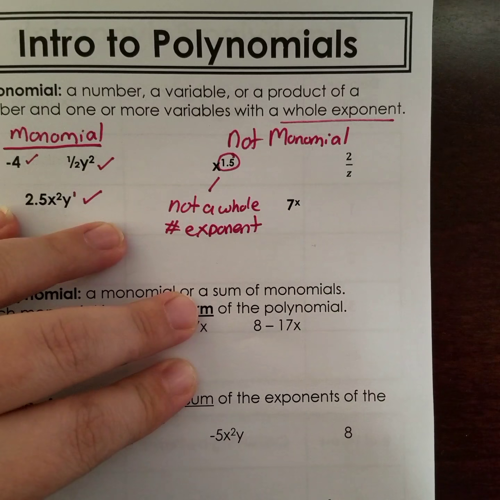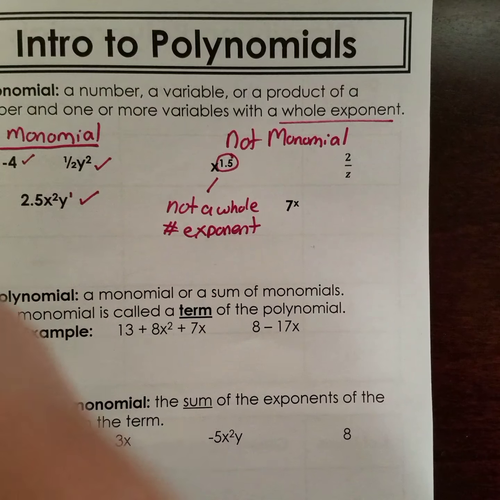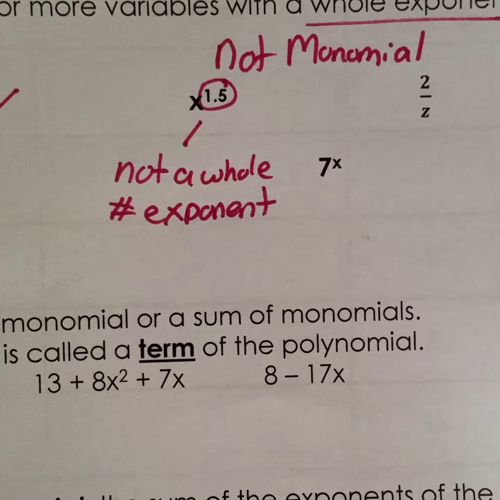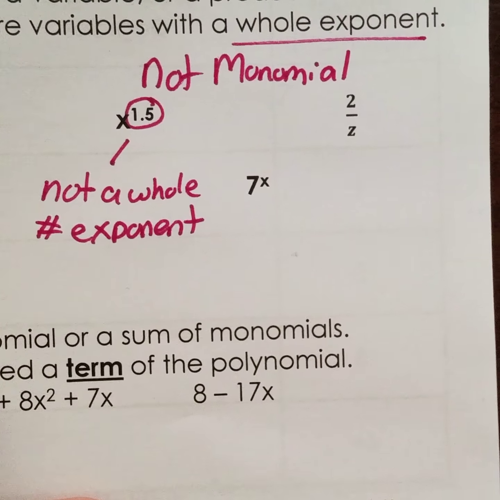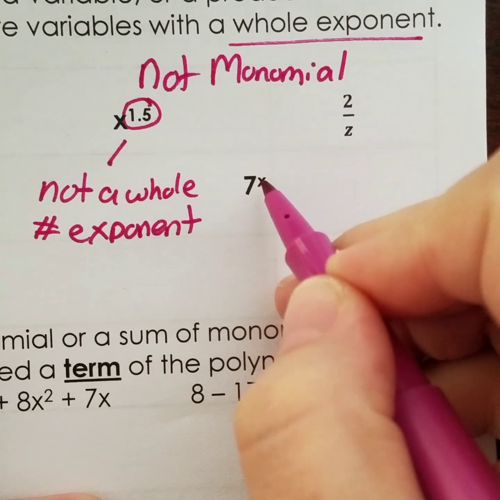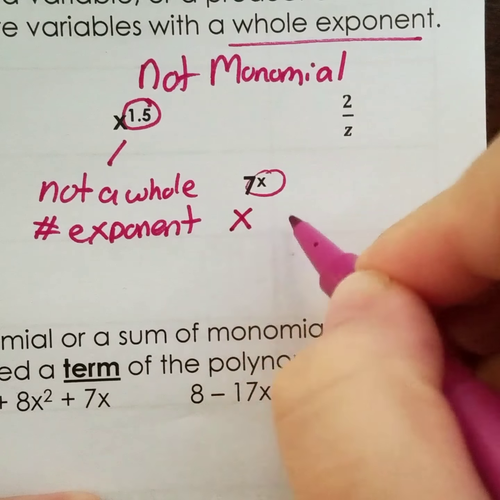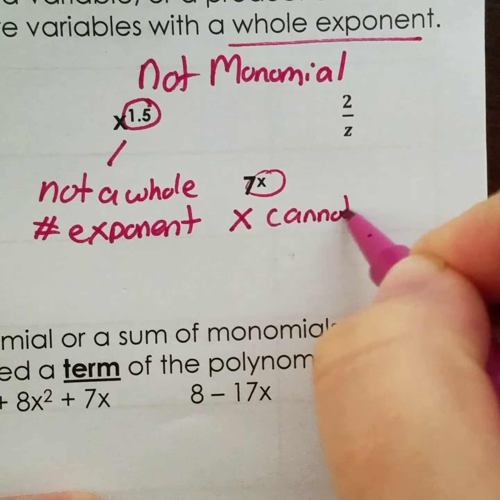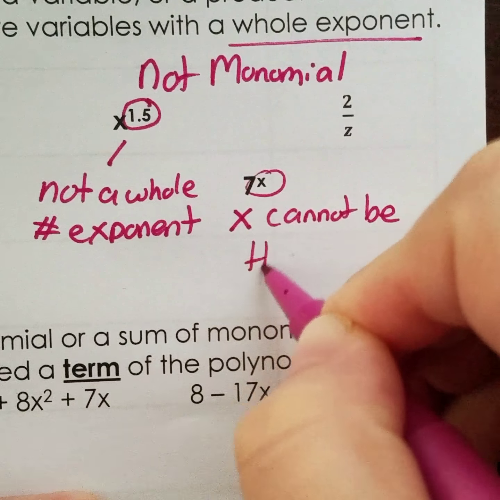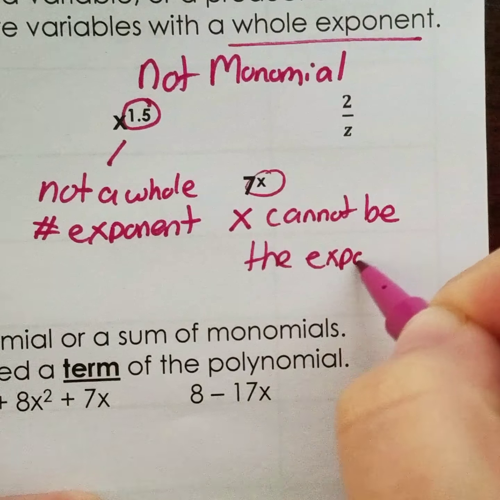Okay, how about the next one? The next one we'll do is 7 to the exponent of x. Well, 7 raised to an exponent, that's not allowed. The x cannot be the exponent.